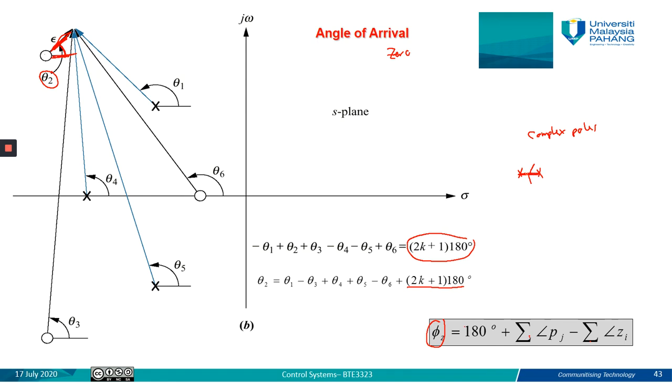That means you must have two poles on the real axis, or two zeros, in order to find breakaway and break-in points. You must have complex poles or complex zeros in order to find the angle of departure and angle of arrival. You must have crossing with the imaginary axis in order to apply rule number 7.